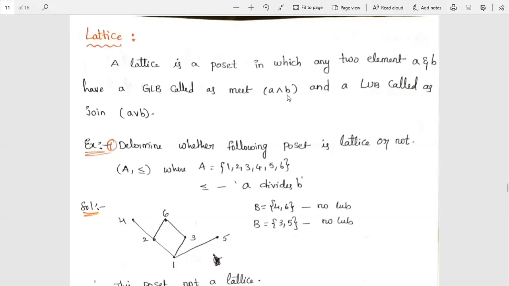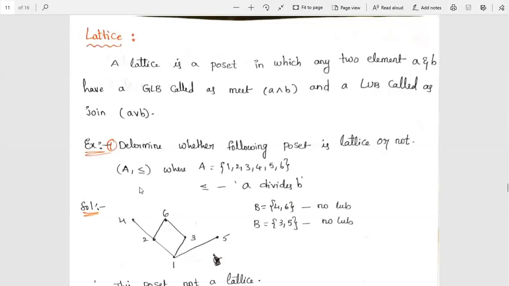And a least upper bound, called the join, A or B. In a simple manner, we say if any pair of elements of a given poset has a greatest lower bound and least upper bound, then we call it a lattice. Otherwise it is not a lattice.